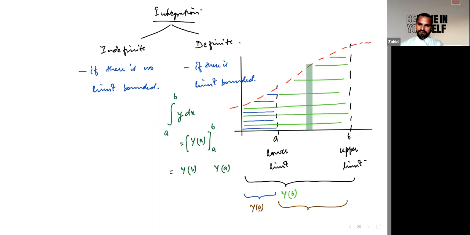So we have Ya from this point to this point and Yb from this point to this point. If you subtract these two terms, you will get Yb minus Ya as the required area corresponding to a to b. So just put a negative sign in between.